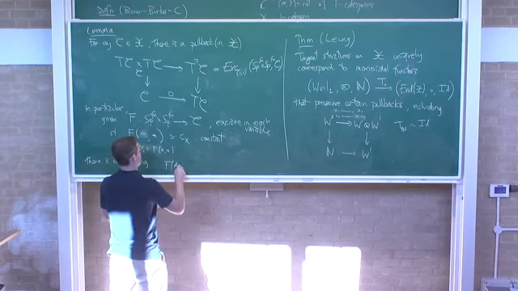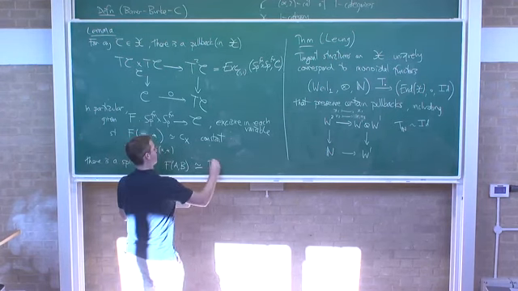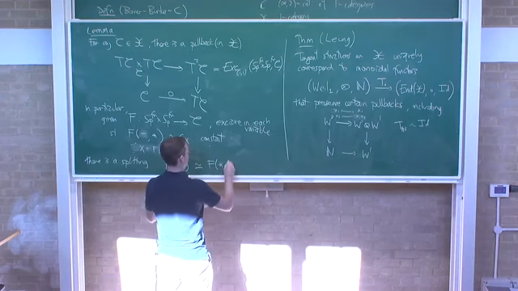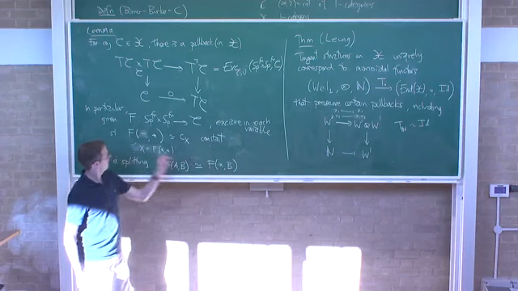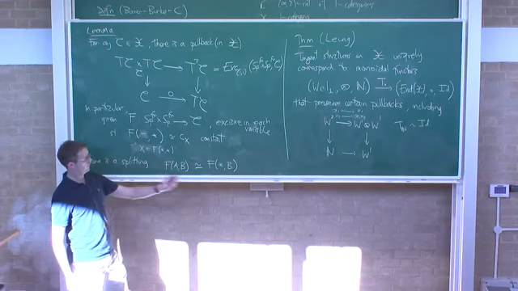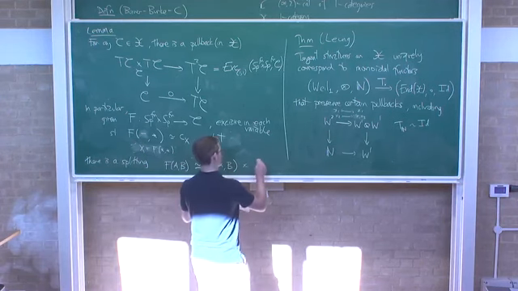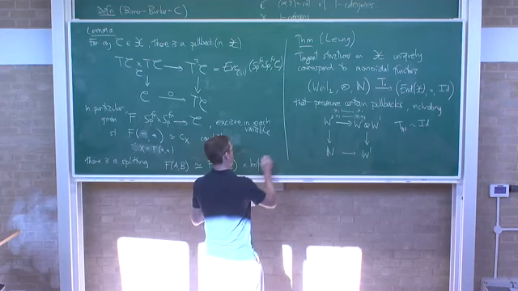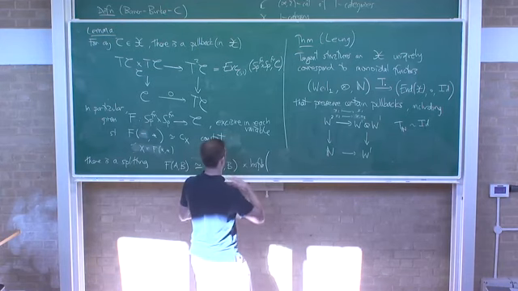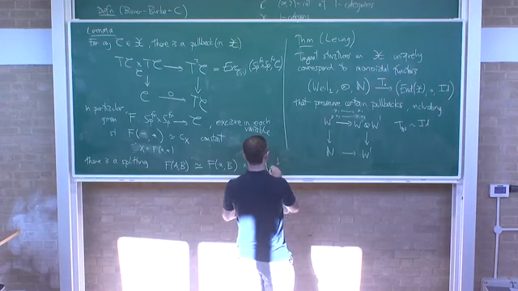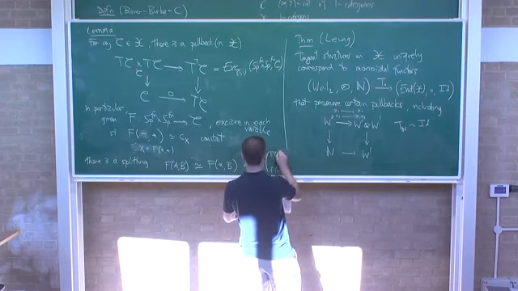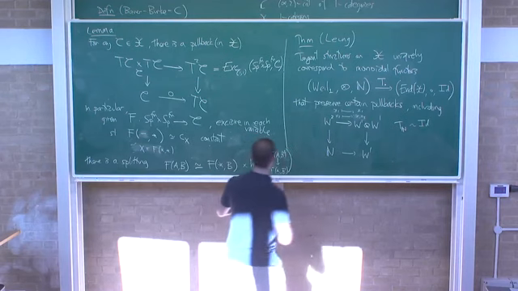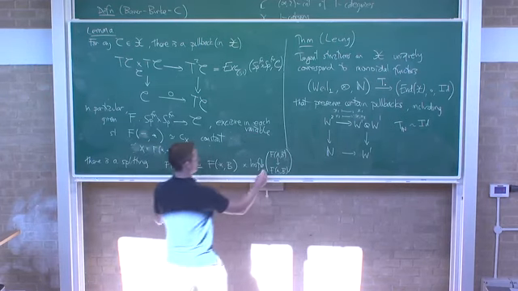So f of a b splits as f of star b. So the value when I put the other variable as trivial splits off. And what I'm left with is the homotopy fiber of the projection map there. So this is a homotopy fiber of x.